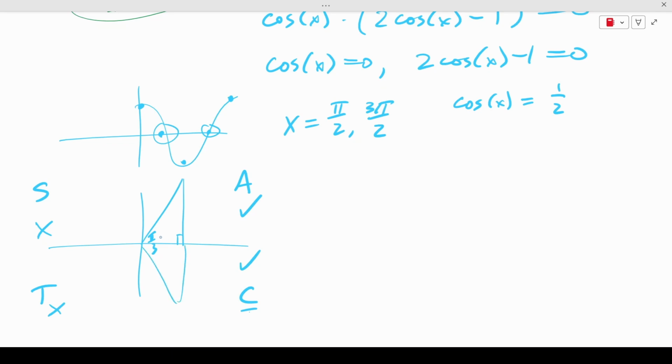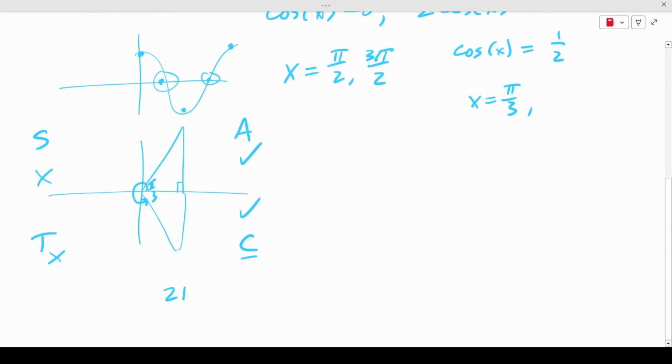So I get the solution pi over 3, because that gives us 1/2, cosine of pi over 3. And then I also get this angle right here, which is equal to 2 pi minus pi over 3, or in other words, 5 pi over 3.